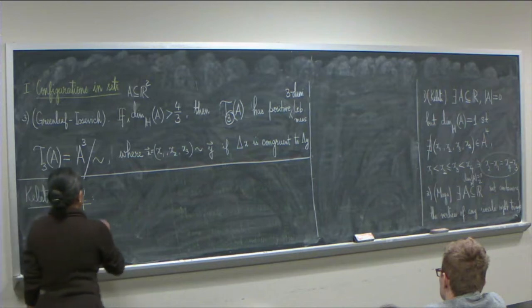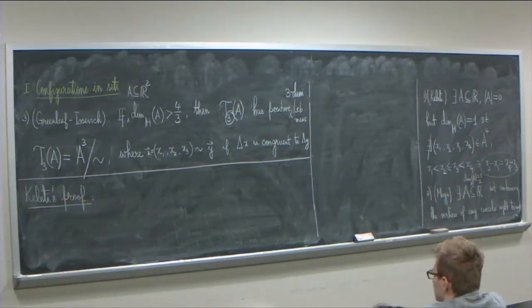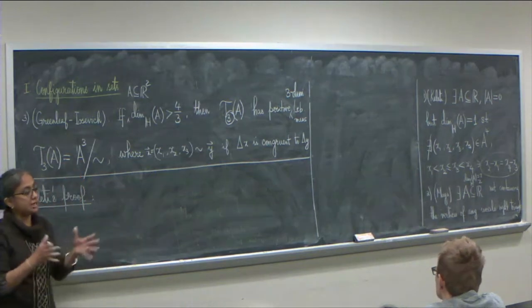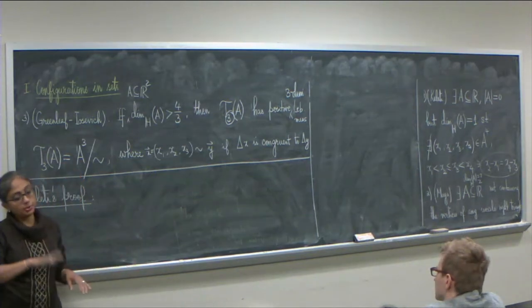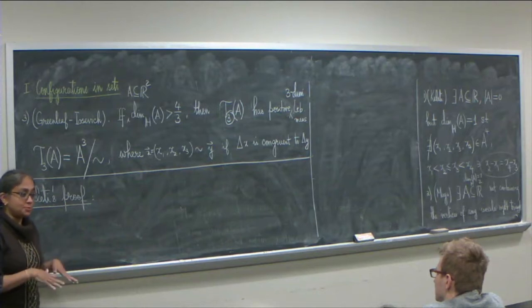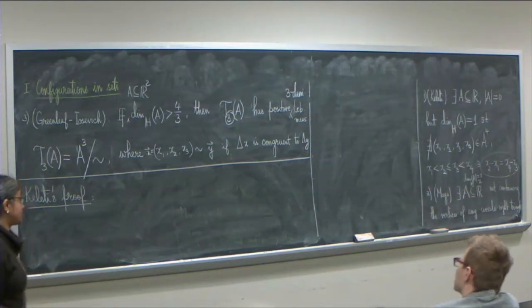So Keleti's idea was a very elegant twist on the standard Cantor construction. What do these standard Cantor constructions do? You start off with an interval, you chop it up into pieces, you pick some, you throw away the others. The ones that you throw away never ever come back. The ones that you keep, you chop some more, you keep some, you throw some, and you keep going. So that's the standard Cantor construction.